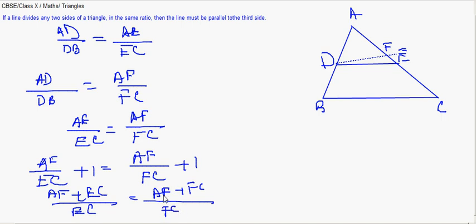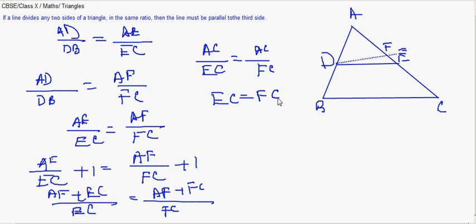Now AE plus EC is AC. So I write AC by EC is equal to AF plus FC, which is AC by FC. Thereby, if this is true, then EC should be equal to FC.